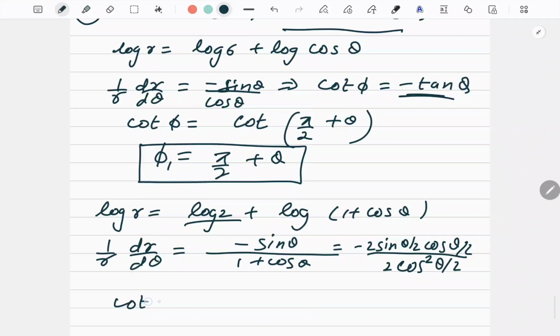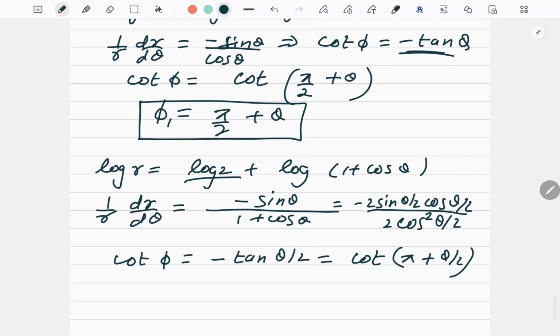Right? So cot phi is equal to, 2 cancels, cos cancels, so minus tan theta by 2, which is equal to cot of pi by 2 plus theta by 2. Correct? So now phi 2 value is pi by 2 plus theta by 2.